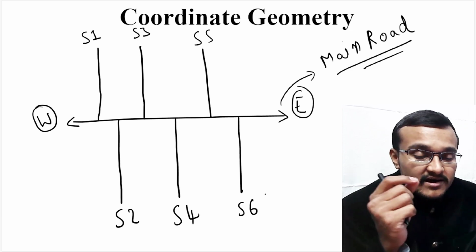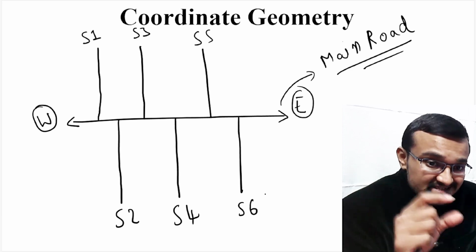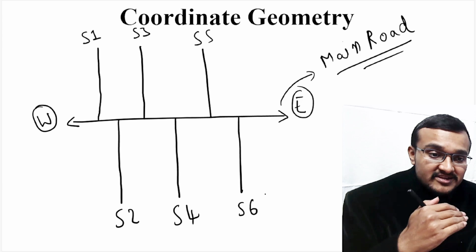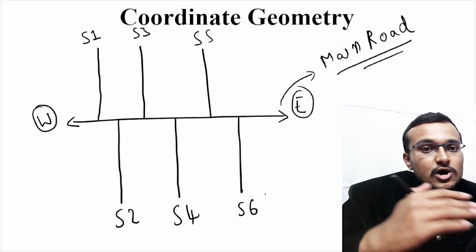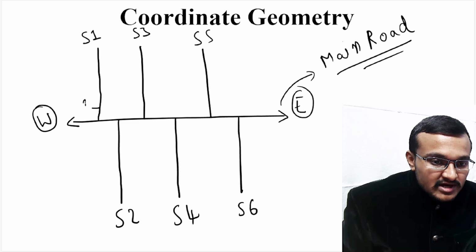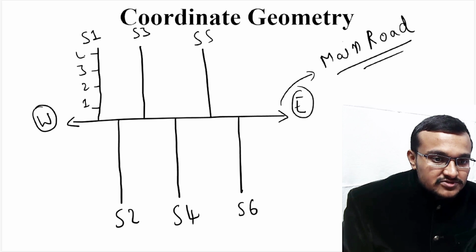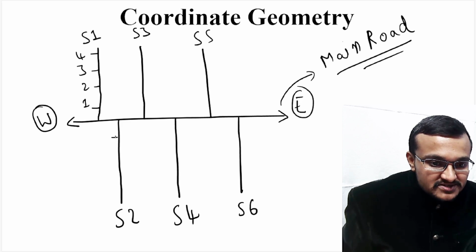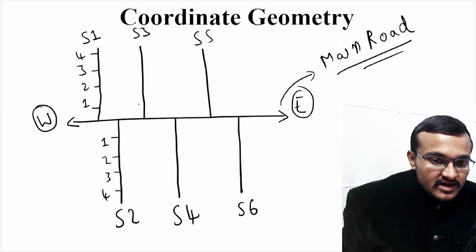Now here in every street there are different houses located. For example, here there will be house number 1, here house number 2, here house number 3, here house number 4. And also in street 2 you'll have house number 1, 2, 3, 4. And also here you will have house number 1, 2, 3, 4.